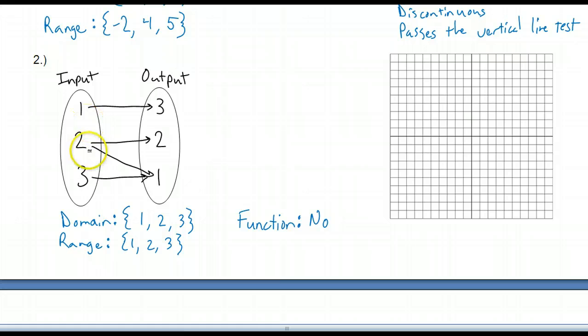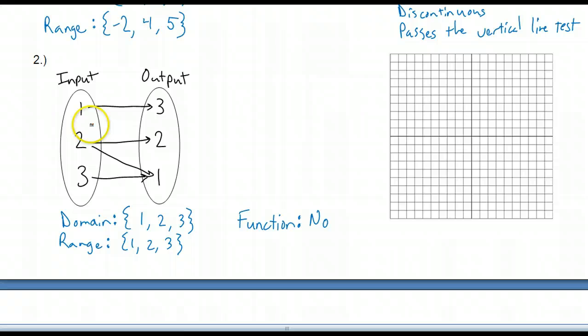In this relation, if I input 2, I don't know what my answer should be. Mathematicians don't like problems where we don't know what the answer is. It could be 2 or it could be 1. We like to say exactly what the answer is. If we input 1, the answer is exactly 3. If we input 3, the answer is exactly 1. We don't like the mystery.